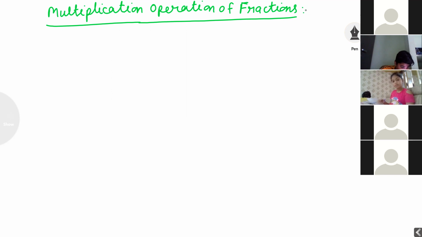Here one more formula is there. Multiplication is nothing but product.